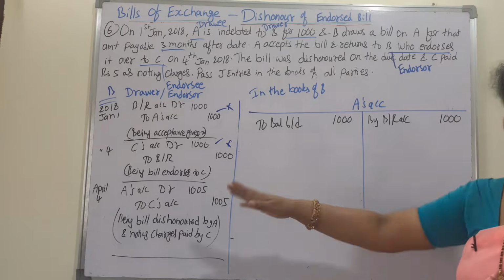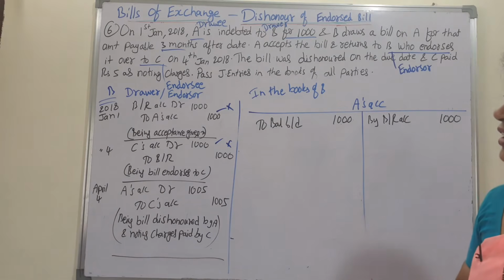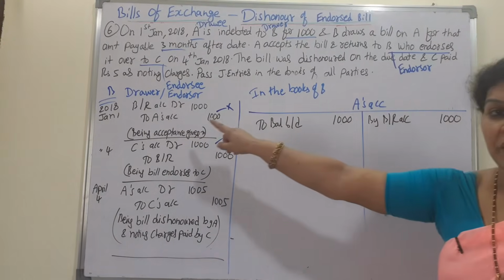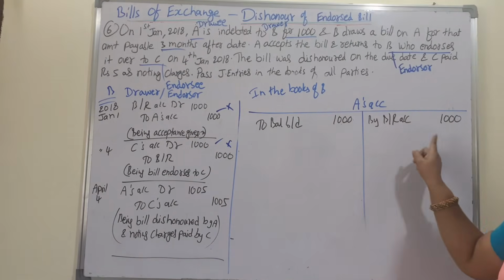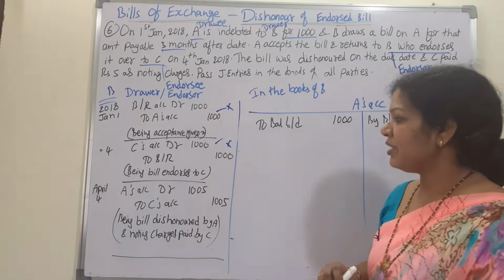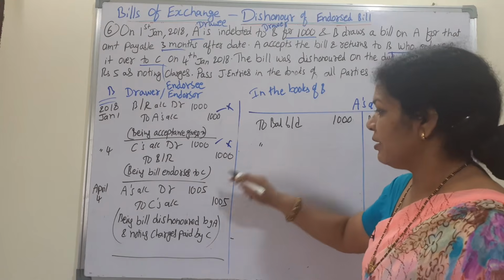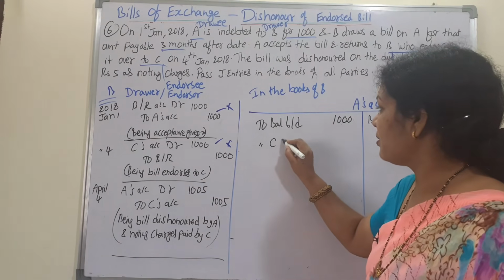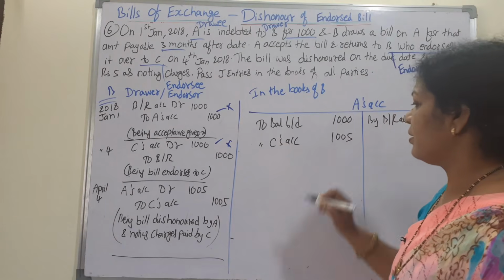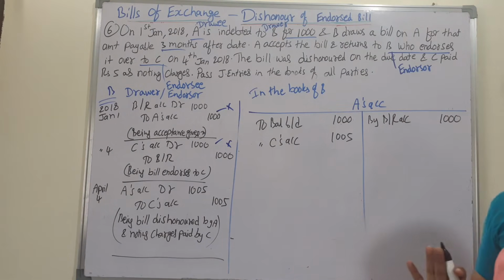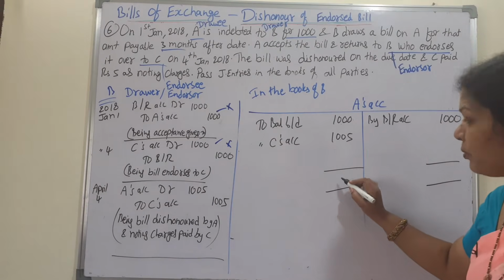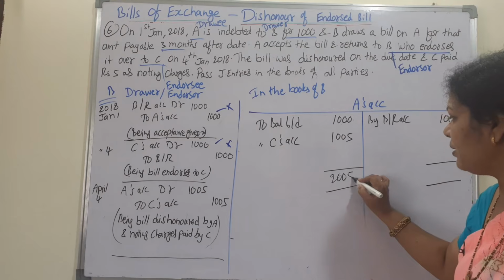In the same way, we post journal entries to the ledger. Then A is on the debit side, so we take the opposite one, C's account, 1,005. The debit side is more, that is 2,005.